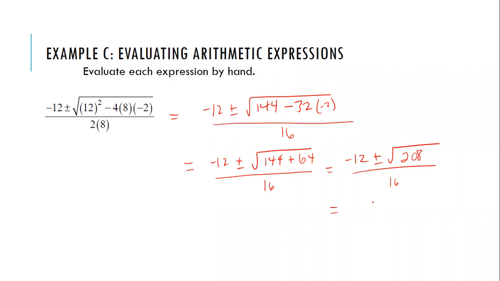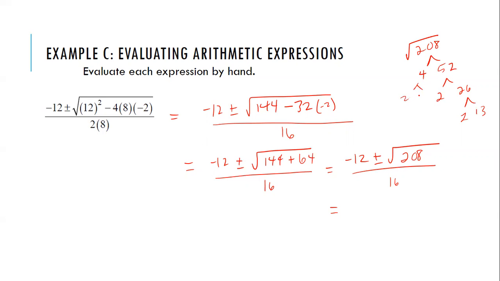But 208, which we're going to review, can be broken down. So 208 can be broken down to 4 times 52. 52 can be broken down to 2 and 26. 26 can be broken down to 2 and 13.